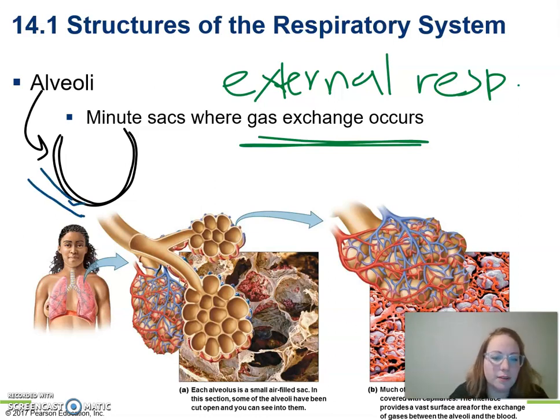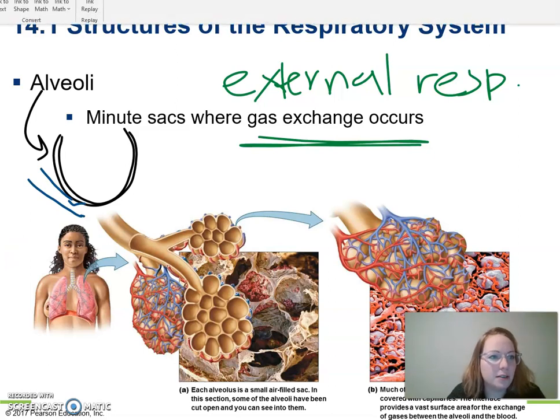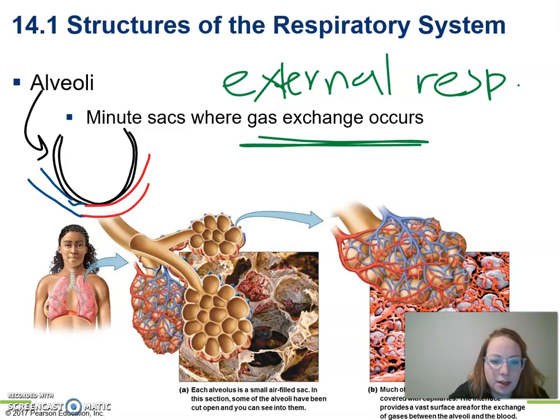And then we'll switch to red, showing that it's oxygenated. Right? So now we basically got our respiratory membrane: a thin layer of simple squamous epithelium on the alveoli, a little bit of basement membrane connective tissue, and then a thin layer of simple squamous epithelium of our blood vessel.